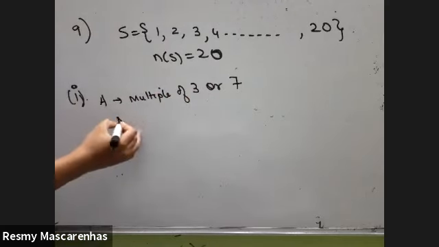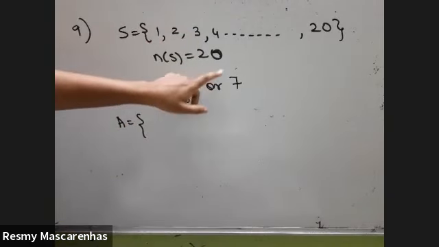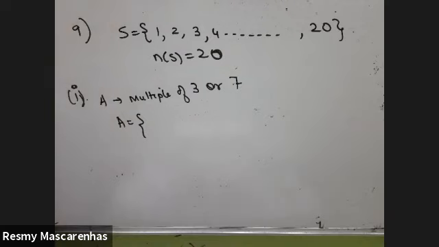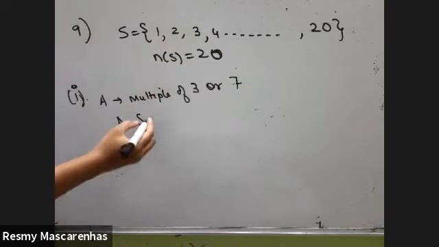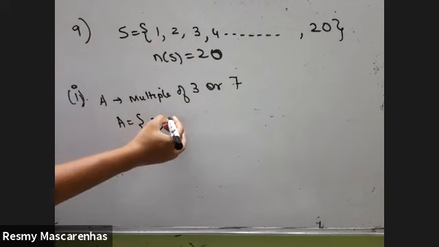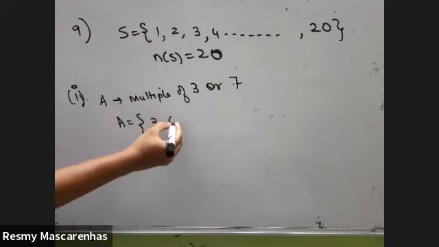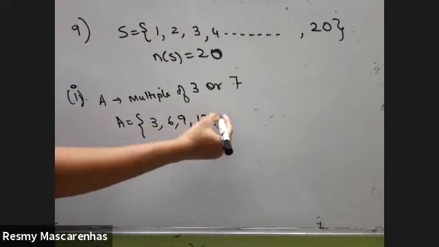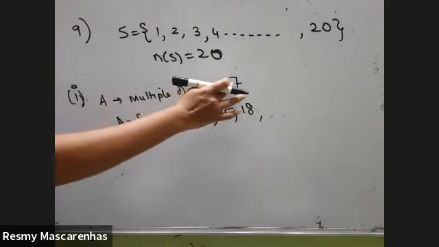So A will be, from this pick up all the multiples of 3 or pick up all the multiples of 7. It could be both. This is also an option available, or means. So 3, 6, 9, 12, 15, 18. And what are the multiples of 7?